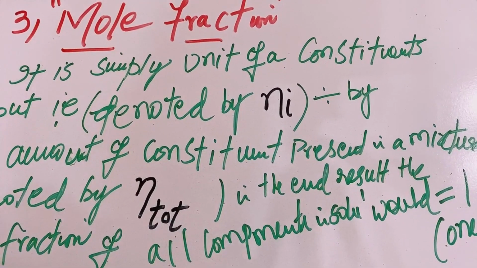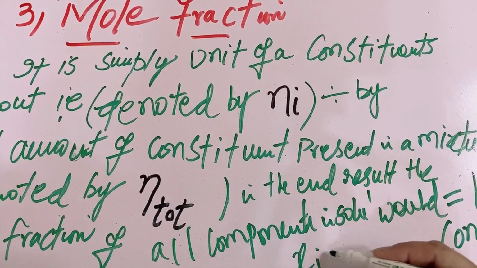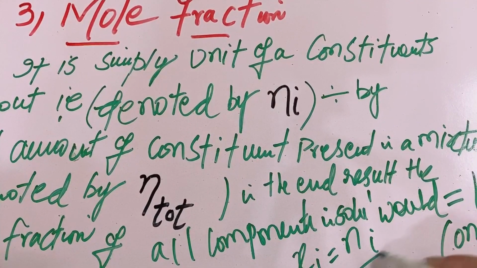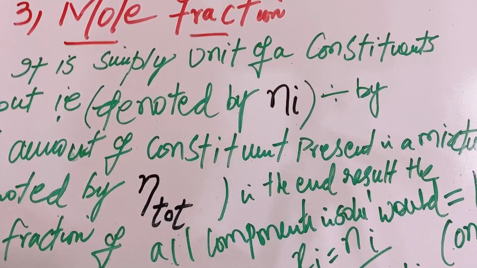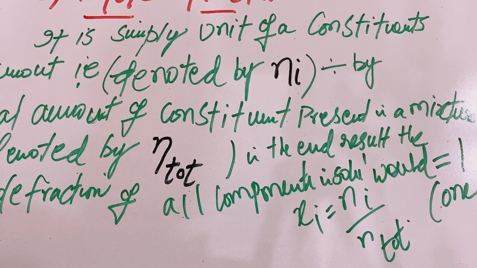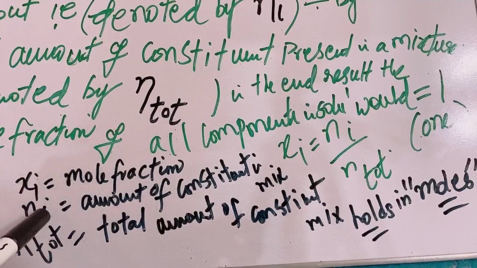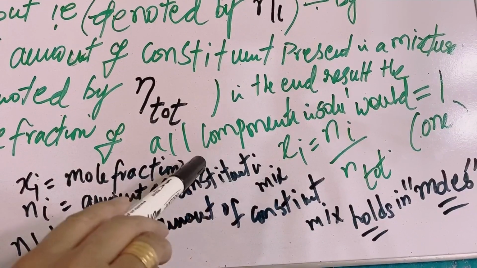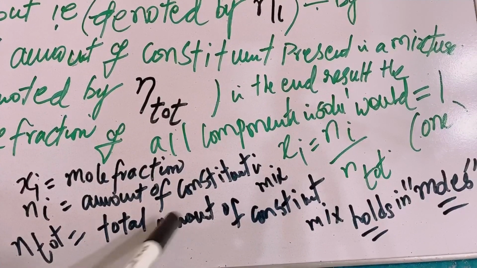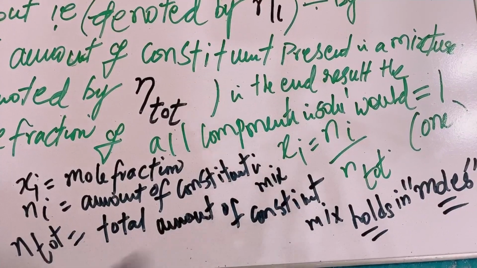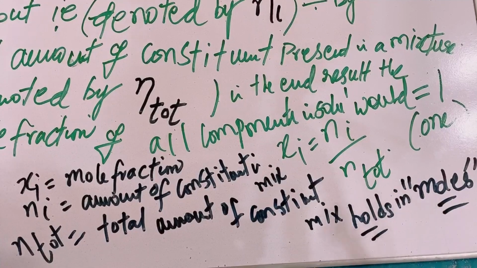Now it also has a formula: Xi equals Ni over N total. Xi refers to the mole fraction, whereas Ni is the amount of the constituent in a mixture, and N total is the total amount of all constituents in the mixture, in moles.